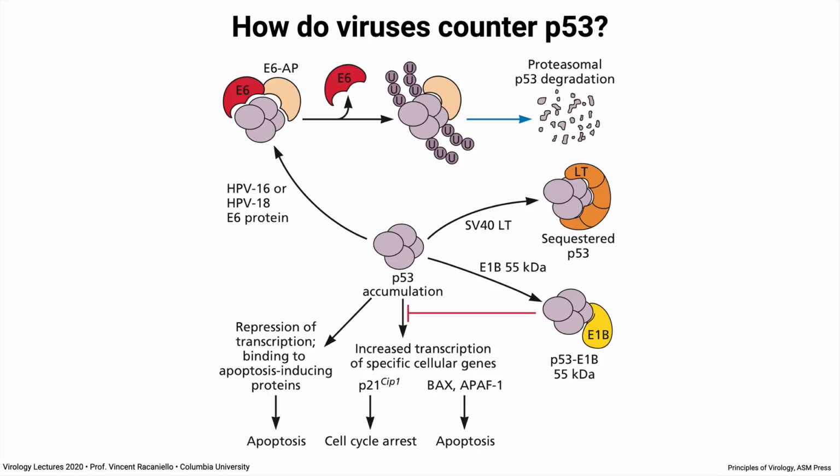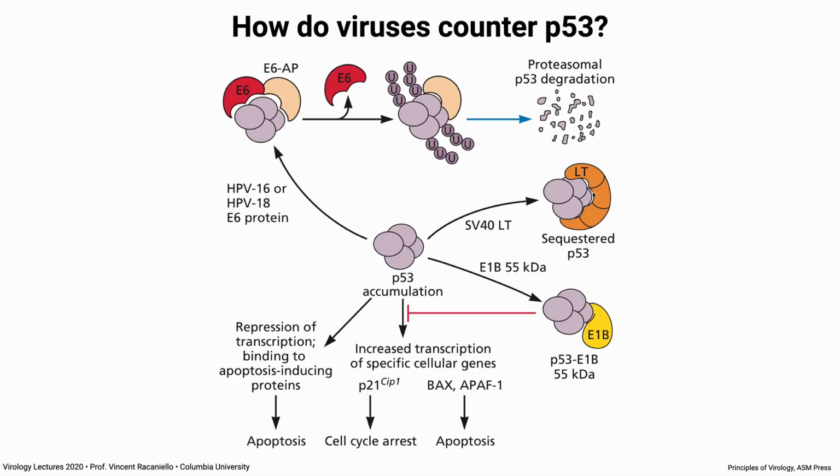These T antigens all counter P53. In addition to binding RB to get past that checkpoint, they have to counter P53. So here's P53. The E6 protein of human papillomaviruses binds P53 and causes it to be ubiquitinated, which causes it to be sent to the proteasome for degradation.